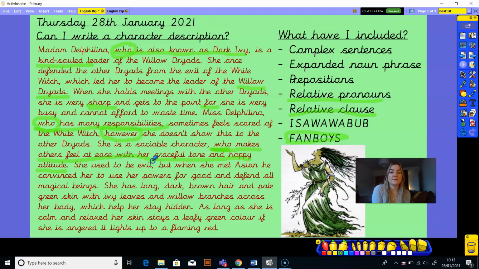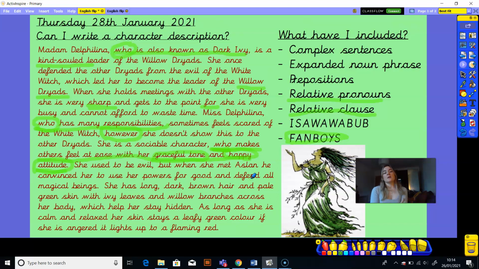And you've also described her tone as graceful, and you've also described her as having a happy attitude as well. Okay, so it's sort of an expanded noun phrase, but you've described what's on the inside.